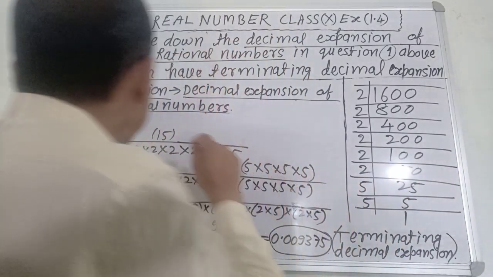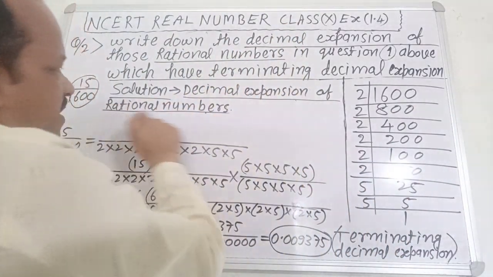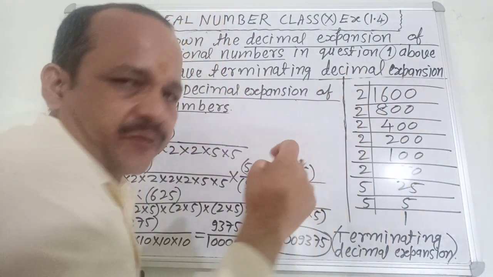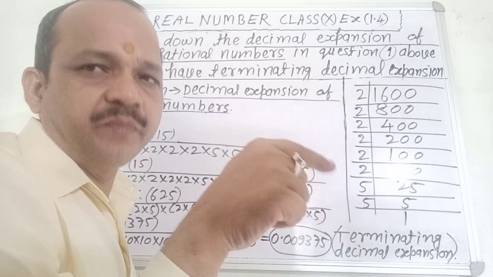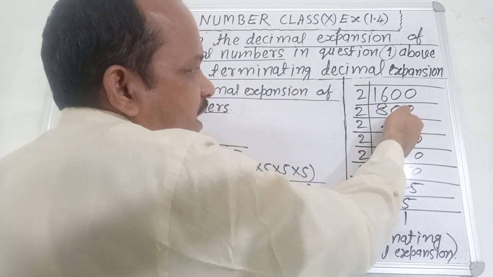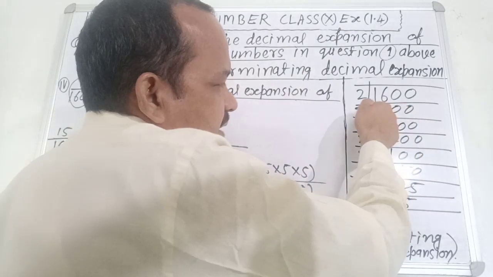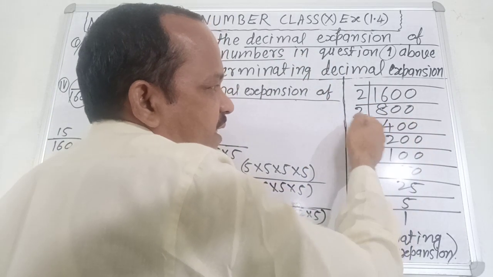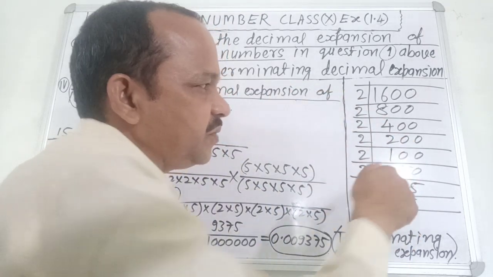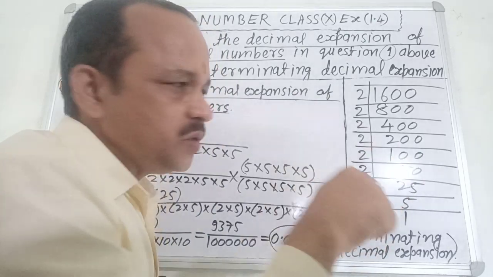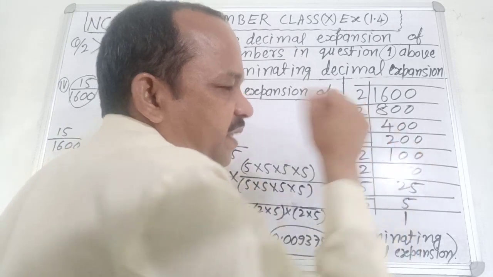Solution. Decimal expansion of the rational number. Here 1600. You factorize the denominator. Divide 1600 by 2, you find 800. Divide 800 by 2, you find 400. Divide 400 by 2, you find 200. Divide 200 by 2, you find 100.